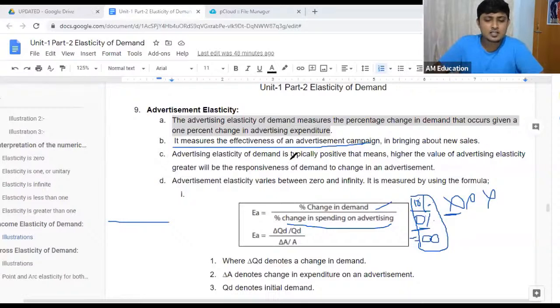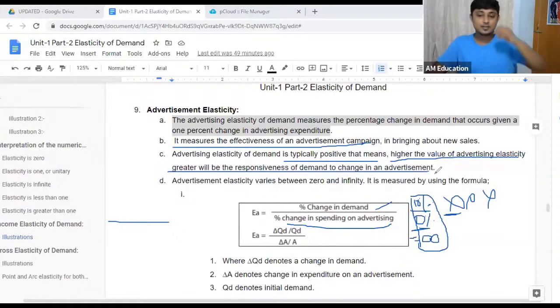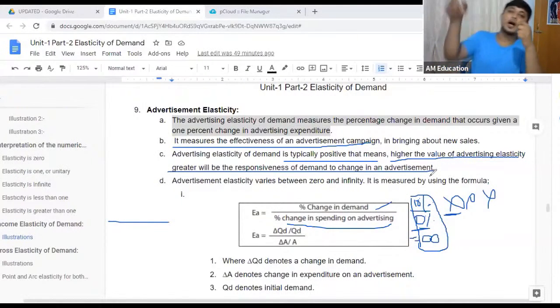Advertisement elasticity of demand is typically positive. It means that the higher the value of advertising elasticity, the greater the responsiveness of demand. That means if you spend 1 rupee, there will always be a higher demand.